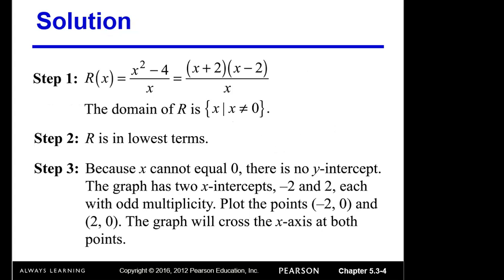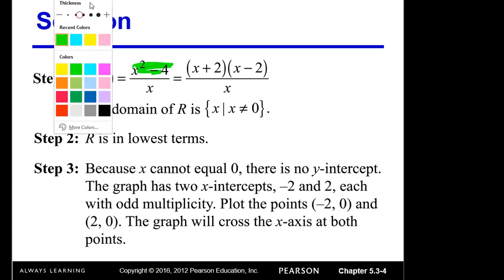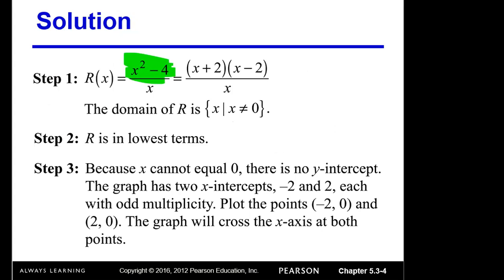All right, so step 1 is figure out what is the domain. And in this one, for the domain, they took the numerator and factored it out. It's an x squared minus 4, so it gives you an x plus 2 times an x minus 2.